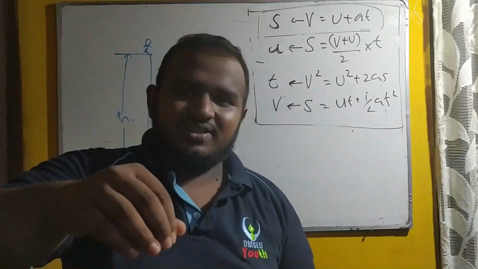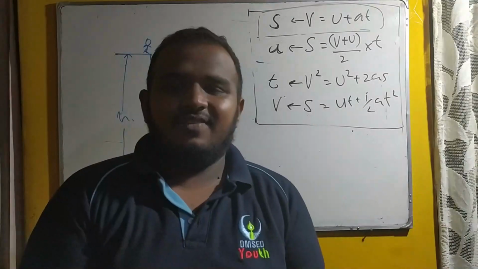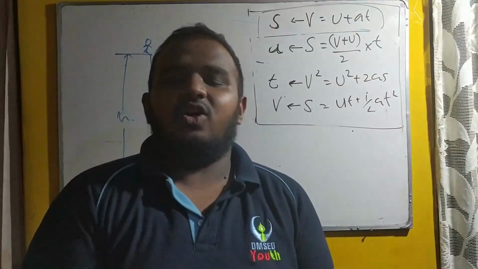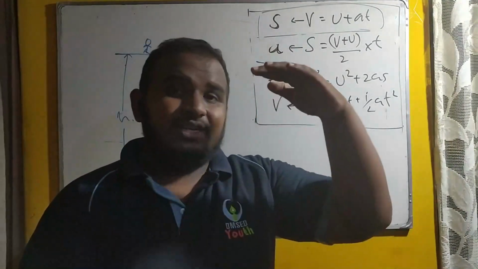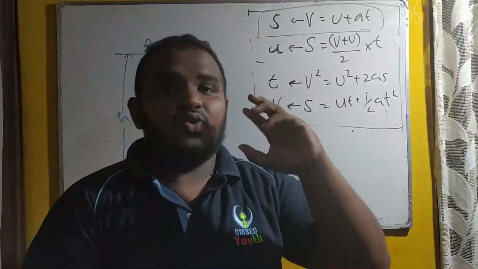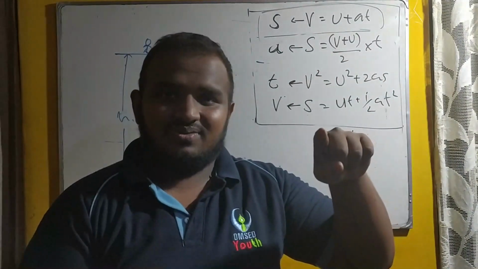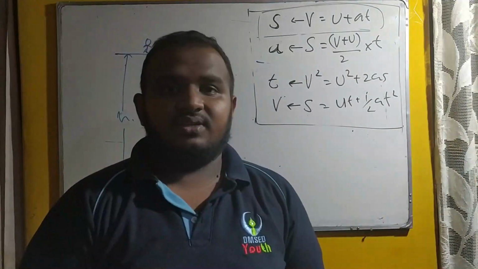When throwing, I am giving an initial velocity. Not only that, whenever an object detaches from something, for example a fruit detaching from a branch, the initial velocity is 0. But when you throw, you are supplying an initial velocity.